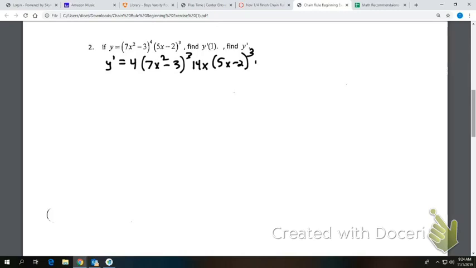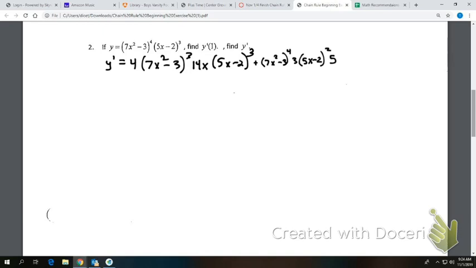Plus derivative of the second term times the first. So I'm going to write the first term, which was 7x squared minus 3 raised to the 4th times, here we go, 3 times 5x minus 2 raised to the 2nd times 5. Does that look right?